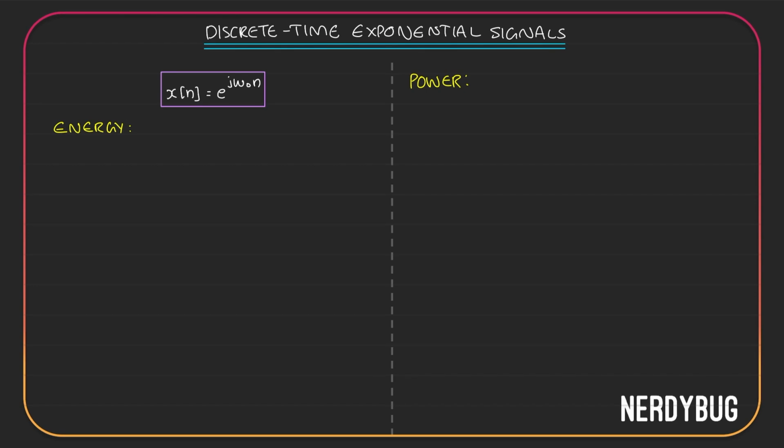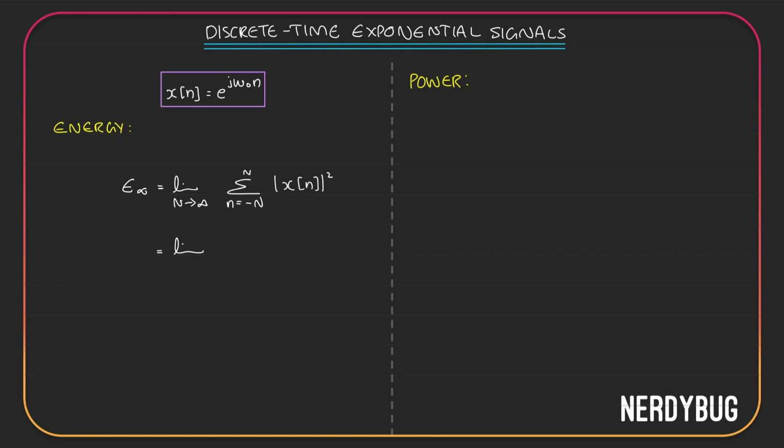Energy of this signal over an infinite time interval will be E infinity, and this is going to be limit N tends to infinity summation from n equals minus N to N of mod of x of n whole square. Here x of n is e raised to j omega naught n. Just like we did before, we can see that the magnitude of e raised to j omega naught n is also going to be 1.